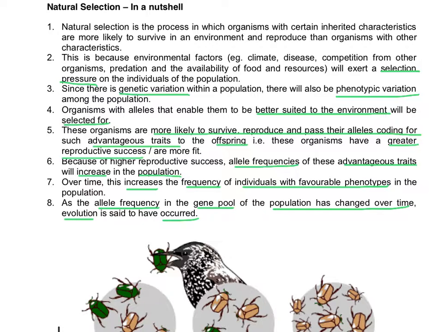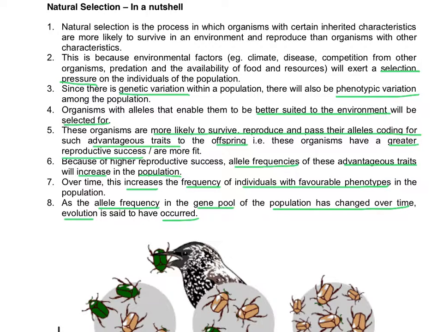Then organisms with alleles that enable them to better survive in the environment, so the brown colored ones, are better suited to the environment because they can be better camouflaged against the tree bark. So they have the selective advantage, whereas the green colored individuals do not.